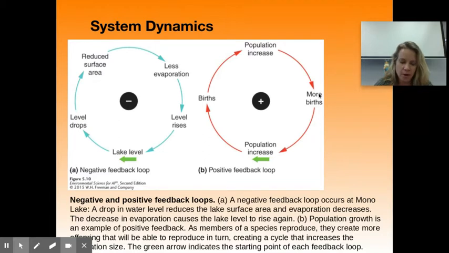And then this is the positive, where population is increasing. As population increases, there's more births, right? Population increases, and then you have more births because now there's more people having babies. So population increases, and therefore there's even more births, and it just keeps getting bigger and bigger. The Earth continues to get more and more people all the time.